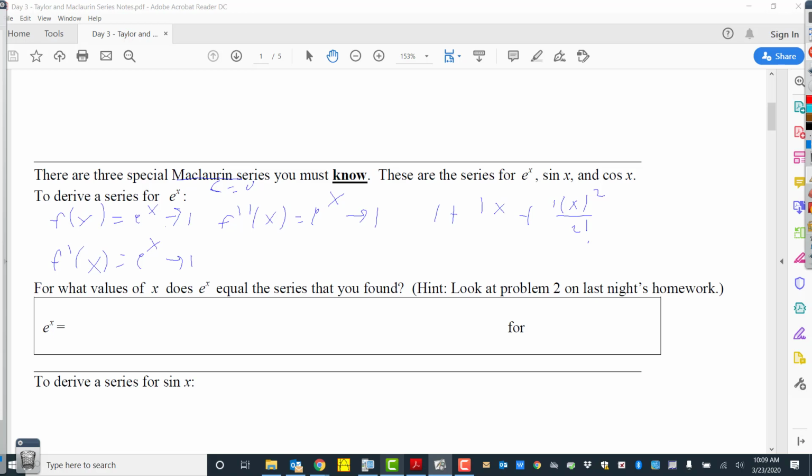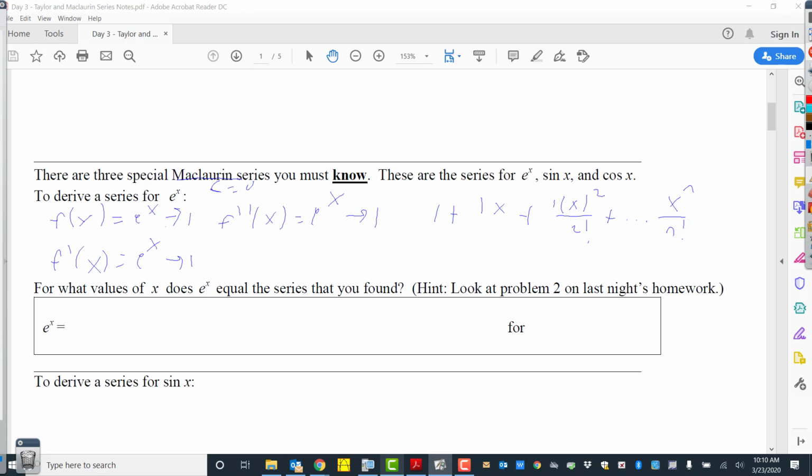And this should be one that we don't need to do many more terms than this to be able to see what's happening. If we look at it, we see, oh, it's 1, x to the 1, x squared over 2 factorial. So this just becomes x to the n over n factorial.